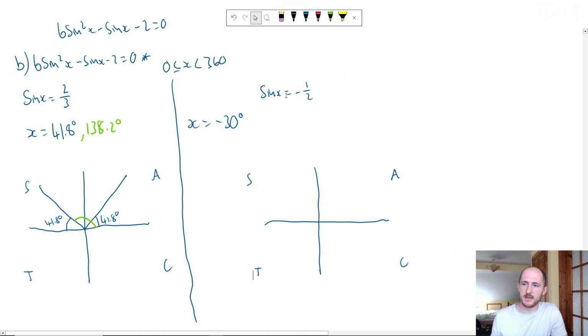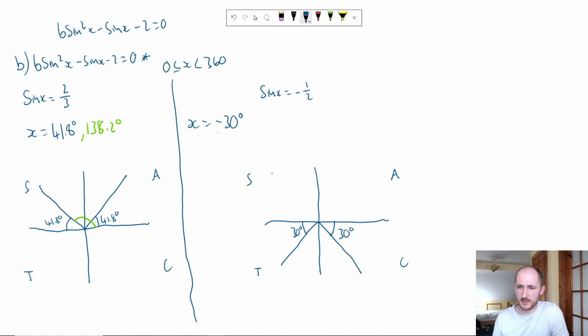So -1/2 means we're going to do it where sine is not positive, which is in the C and T areas, regions, quadrants, whatever you want to call them. And it's -30, so indeed we're going to go this way around. Now, I don't care about negative values, do I? So I'm not going to go clockwise anymore. I'm going to go anti-clockwise.